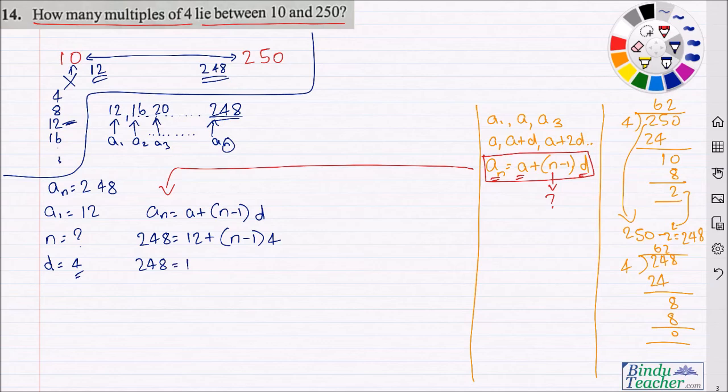So 248 equals 12 plus 4n minus 4. 248 equals, so we have 12 and we have minus 4, so 12 minus 4 is 8. So I'll write 4n plus 8.